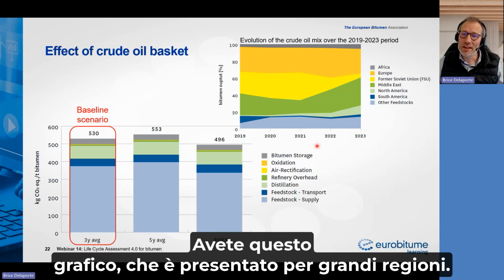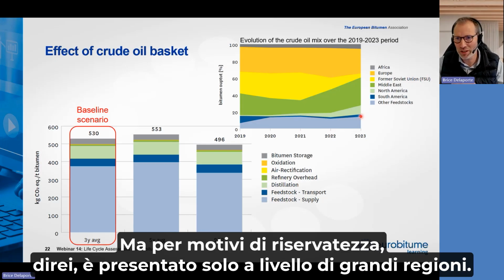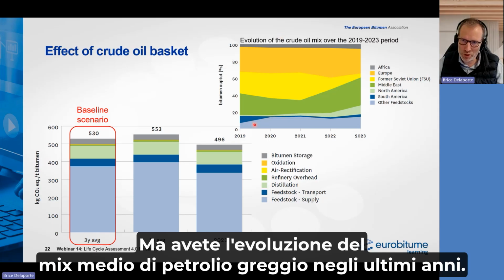It's presented according to, I would say, big regions. It's important to have in mind that we collected data at the scale of the crude oil by country of origin, but for confidentiality reasons, it's presented only at the scale of big regions, but you have the evolution of the average crude oil mix over the past years.